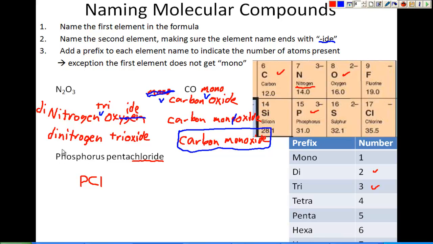Since there's no prefix, we already know that there's only one phosphorus. It's like monophosphorus. Pentachloride, we know there are 5 chlorines. So it's going to be PCl5. And that's how we derive the formula from a name.